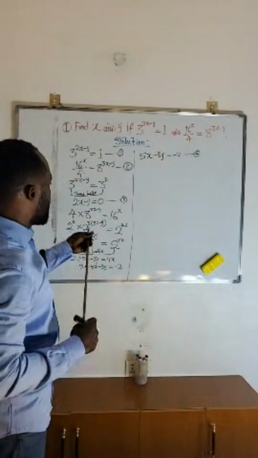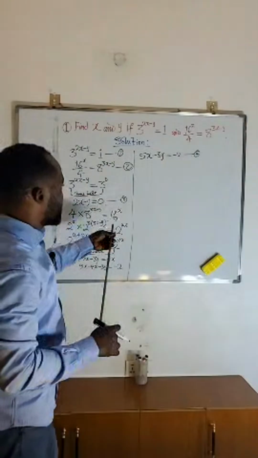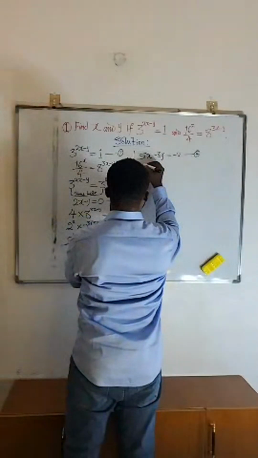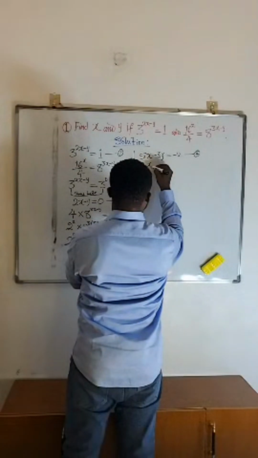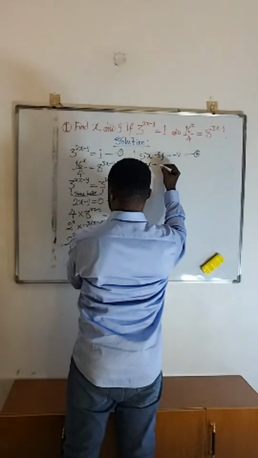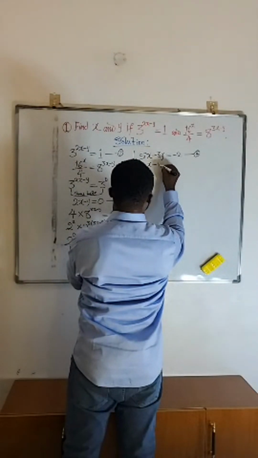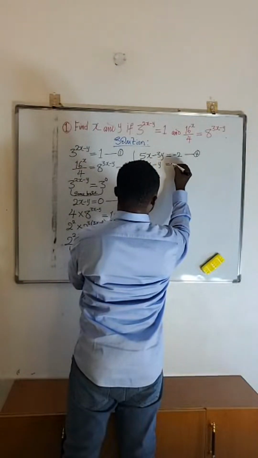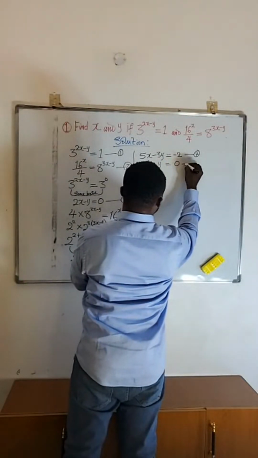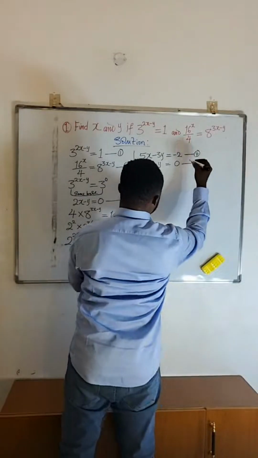Let's bring this equation 3 down to that side, which is 2x minus y equals 0. Don't forget this is equation 3.